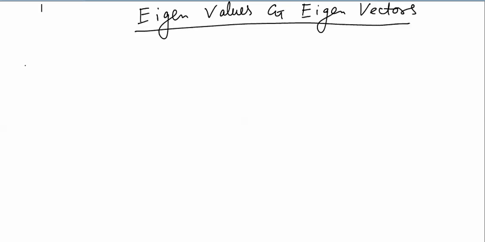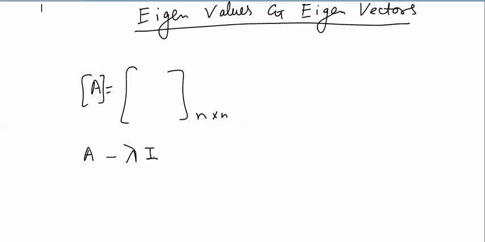Let's say there is a matrix A. It's a square matrix of order n. That means it is n cross n. We can form a matrix of the form A minus lambda I, where I is the identity matrix of order n again. It's a unit matrix.